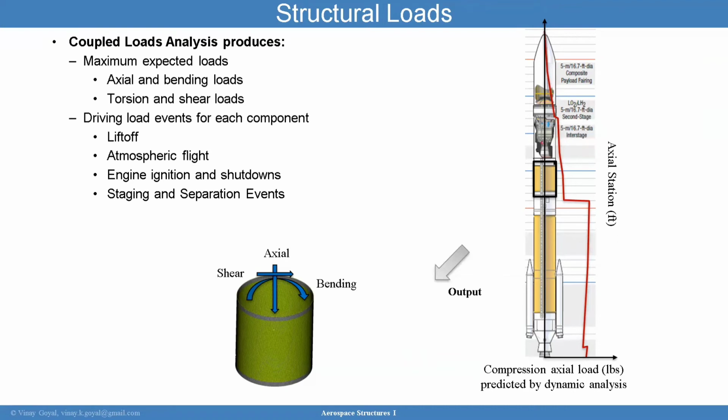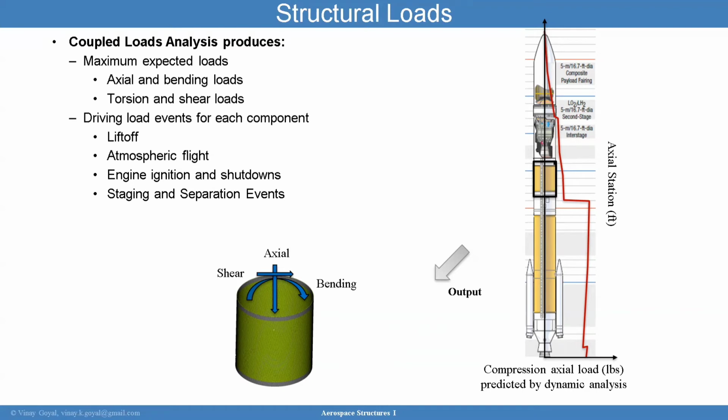The preferred analysis for engine ignition and shutdowns is to use thrust forcing functions derived from engine thrust chamber pressure measurements. And you definitely want to use actual flights if you can. If those are not available, then you can use ground firing test data to kind of anchor it. And that's less preferred. Another way is to use synthetic forcing functions.